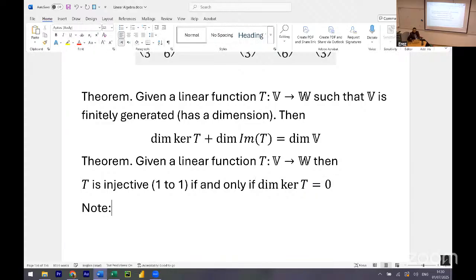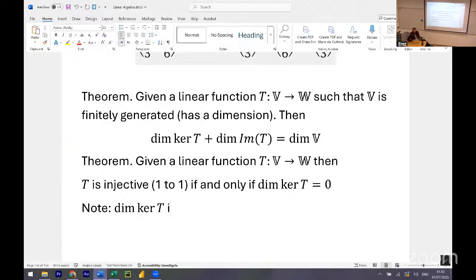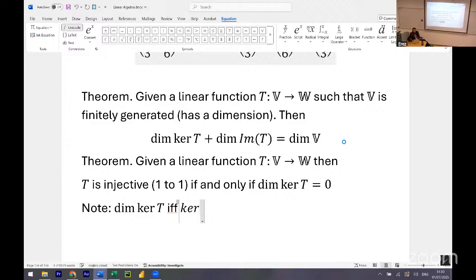Note the dimension of the vector space is 0 if and only if the kernel itself is only the 0 vector.